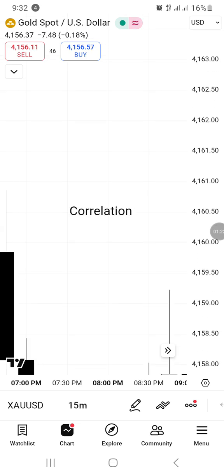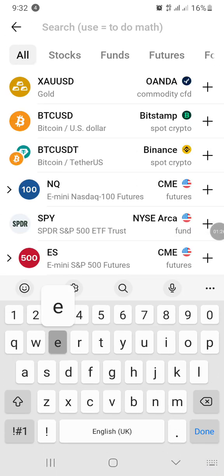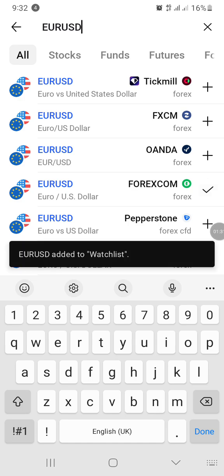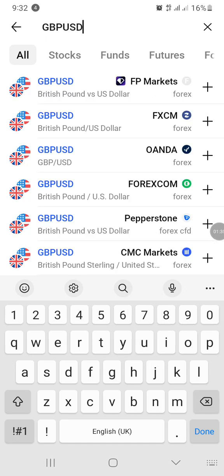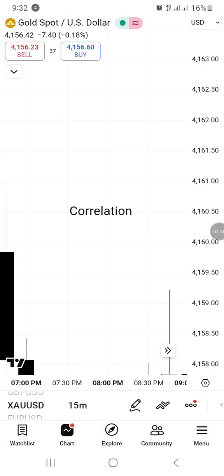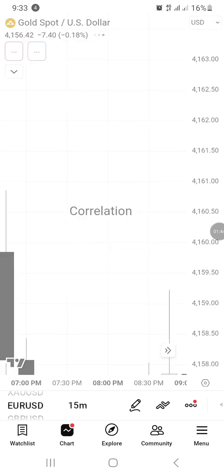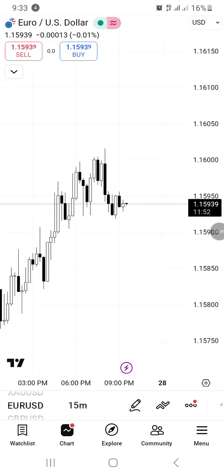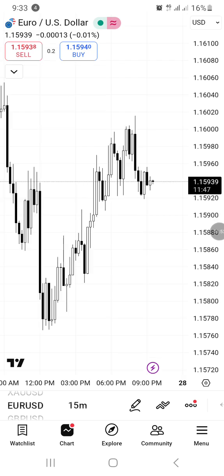So let me first add some pairs here so that you can understand it better. Let me first add Euro USD and also GBP USD. So this is Euro USD, right?